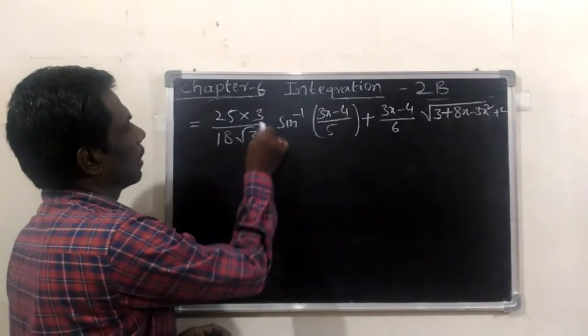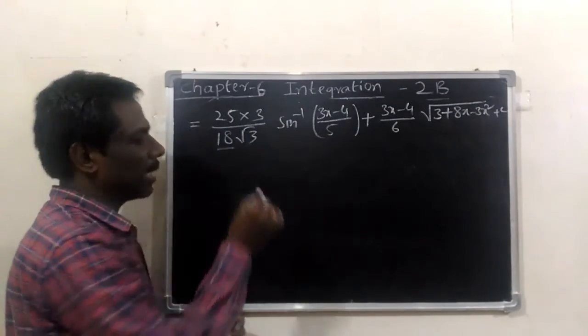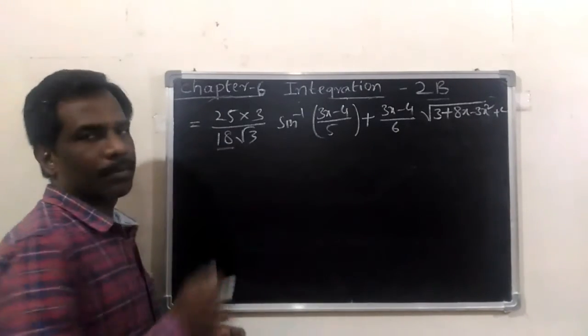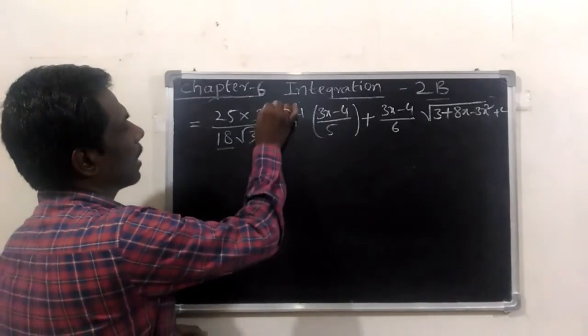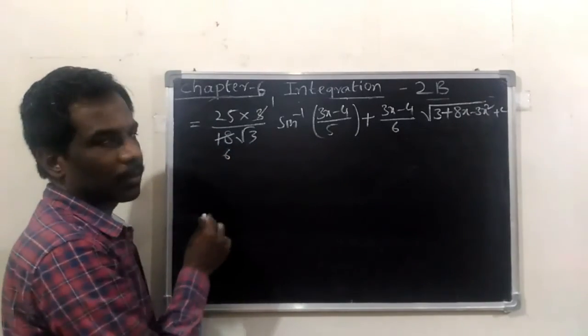25 into 3 by 18. In the last step, I wrote 8 in place of 18. So please, that is correct as 18, 18 root 3. Now we can cancel, 3 ones are 3, 3 sixes are 18.